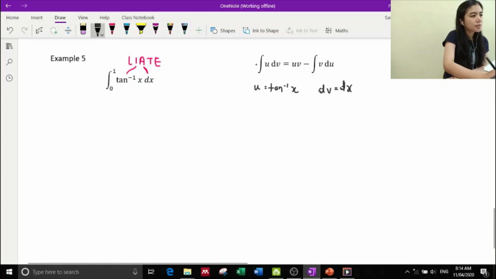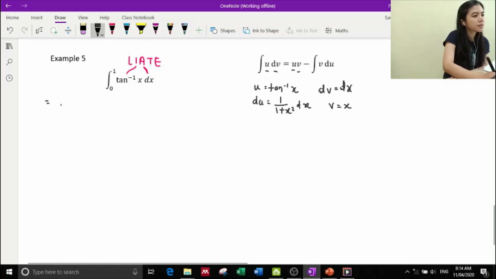Now I'm going to differentiate the left hand side. Differentiating the left hand side, you have du, and it's 1 over 1 plus x squared. For the right hand side, we have the integration. If you integrate, this is the v, and this is actually x. Refer to this formula.